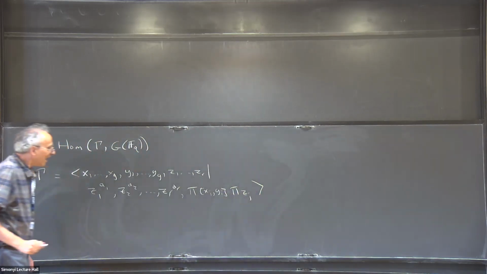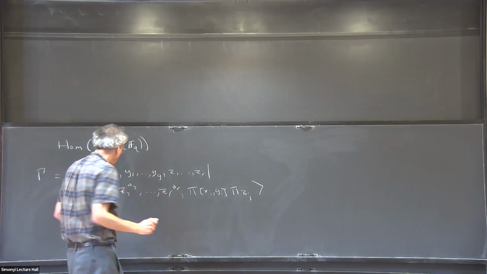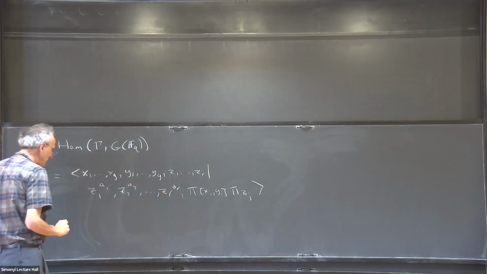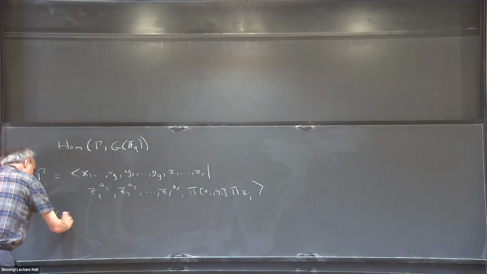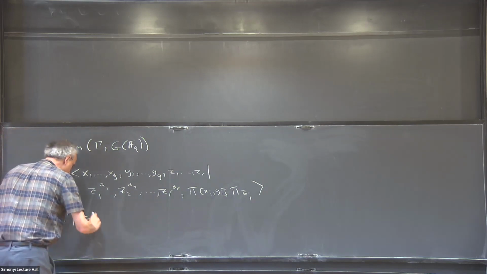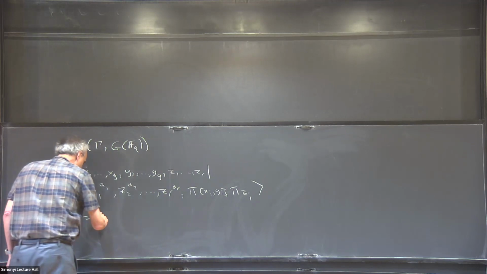This is the kind of group that I'm interested in, but there's a condition on the various parameters, which is given in the following way. We define the Euler characteristic of Γ in the only reasonable way that we could define it.